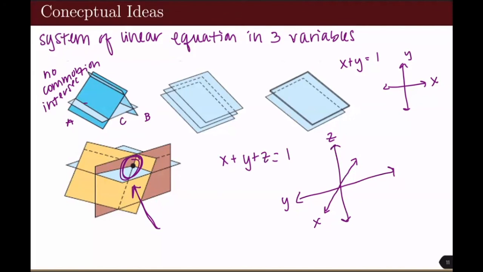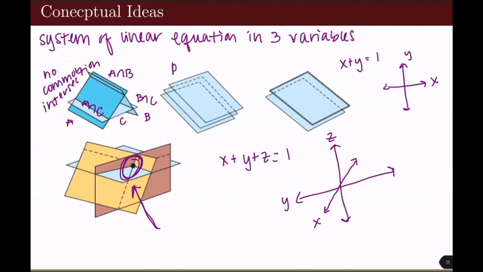Here is where A intersects C. Here is where A intersects B, and here's where B intersects C, but all 3 planes never intersect together. So this system would not have a solution.